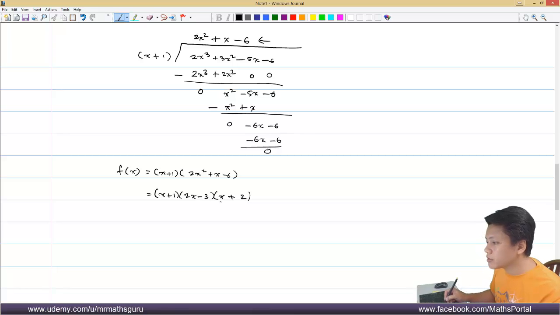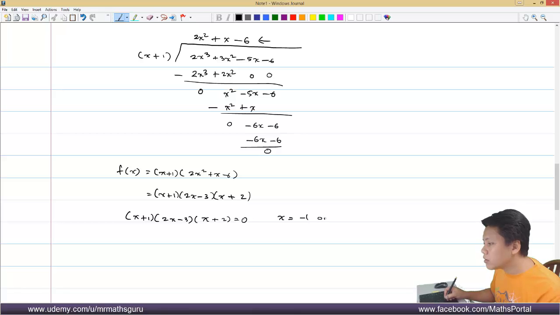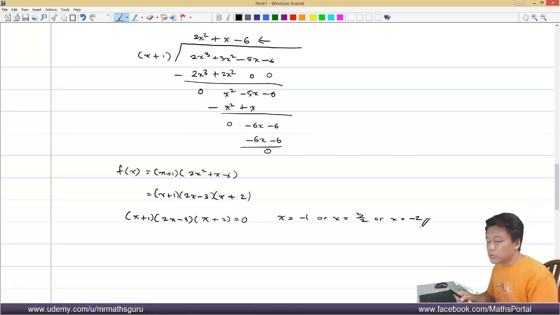This plus, this minus. And so for this equation that equals 0, x can be equal to minus 1, or x equal to 3 over 2, or x could be minus 2. So those are the 3 methods to figure out the value of x for that cubic equation.